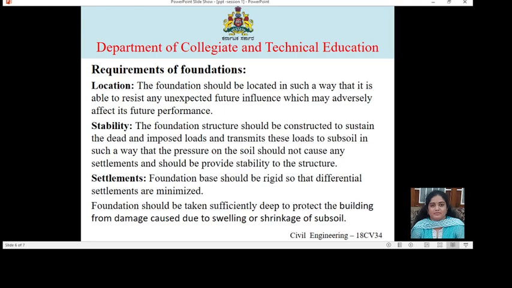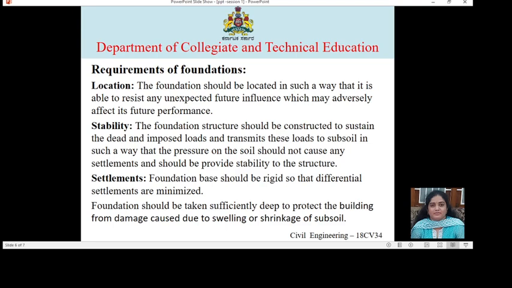That risk has to be taken care of, so you should be safe regarding all these unexpected conditions which may occur in future. So location is important. That is the location. Here you are going to find the SBC, or it should be on the safer side.